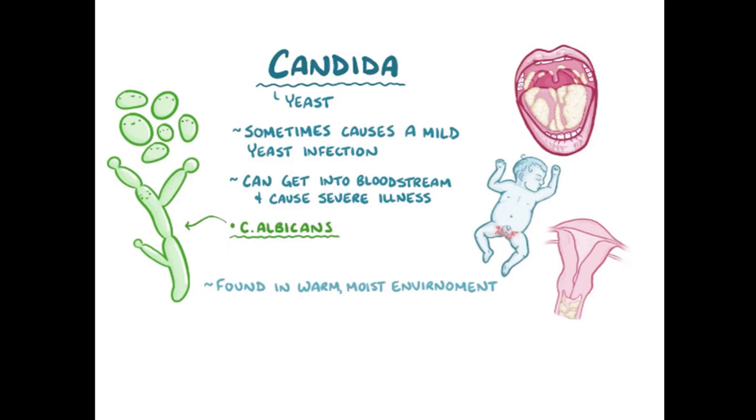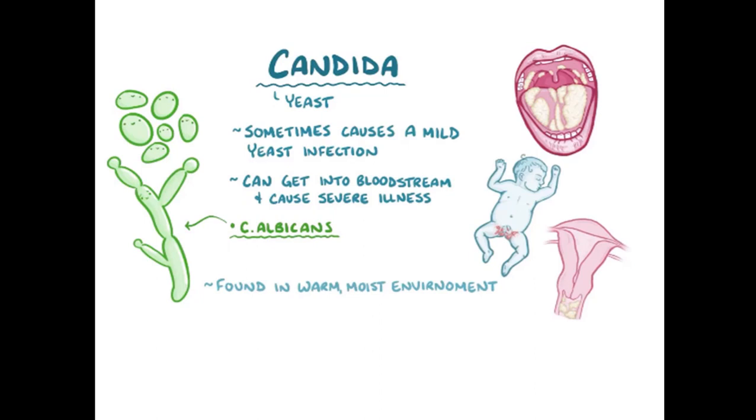There are many species of candida, and the most common one that infects man is Candida albicans. The favorite atmosphere for this fungus is a site which is warm and moist.